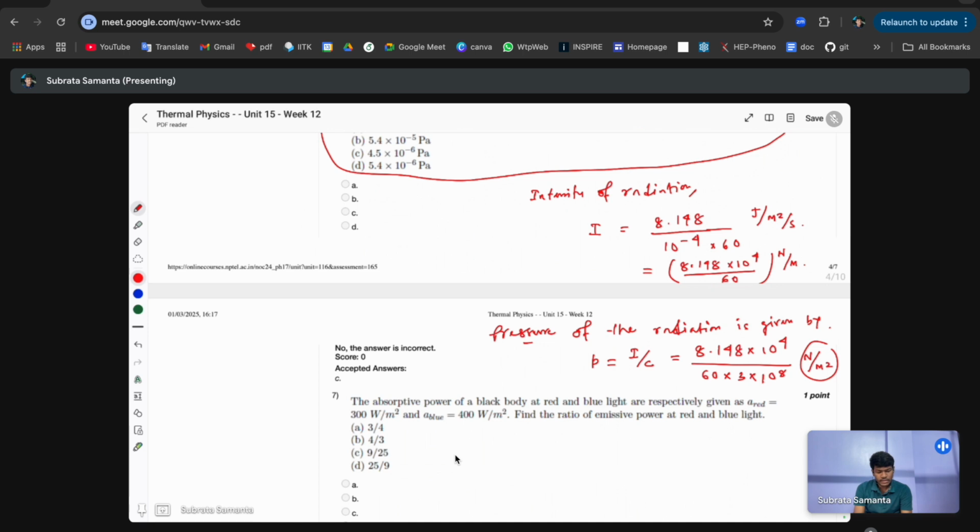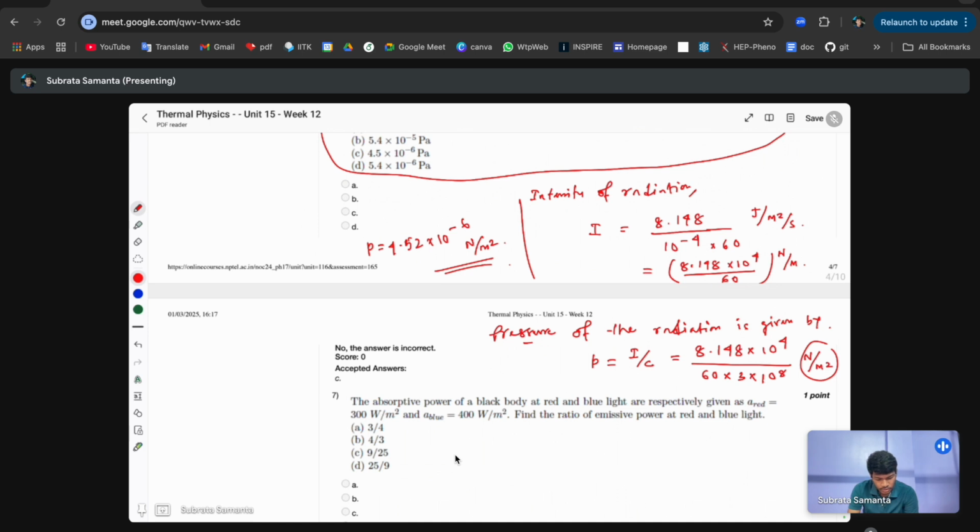In SI unit, the value is then 4.52. Once you compute this, your pressure P is 4.52 times 10 to the power minus 6 Newton per meter square. Please cross check this.